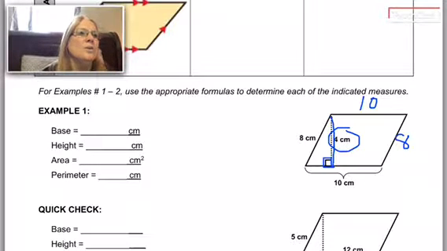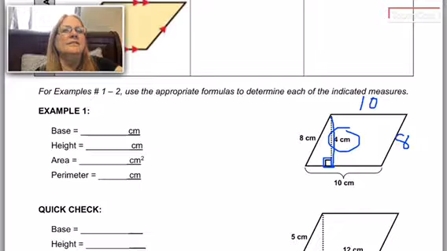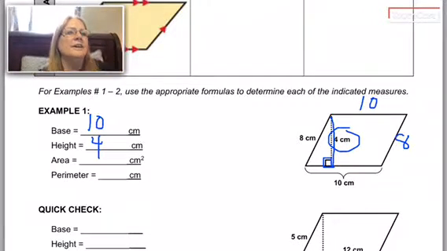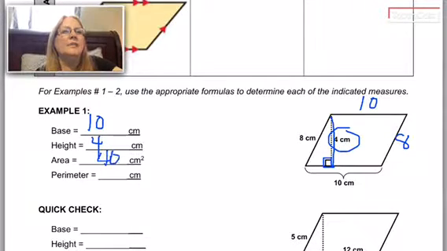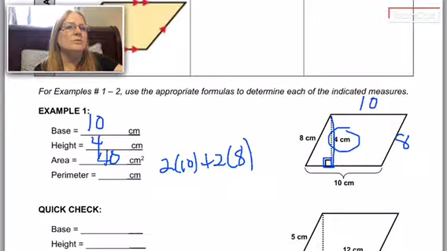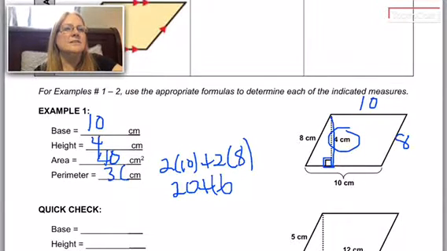In this picture, we have a base of 10 and a height of 4, so the area is 10 times 4, or 40. The perimeter is 2 times 10 plus 2 times 8, which is 20 plus 16, or 36.